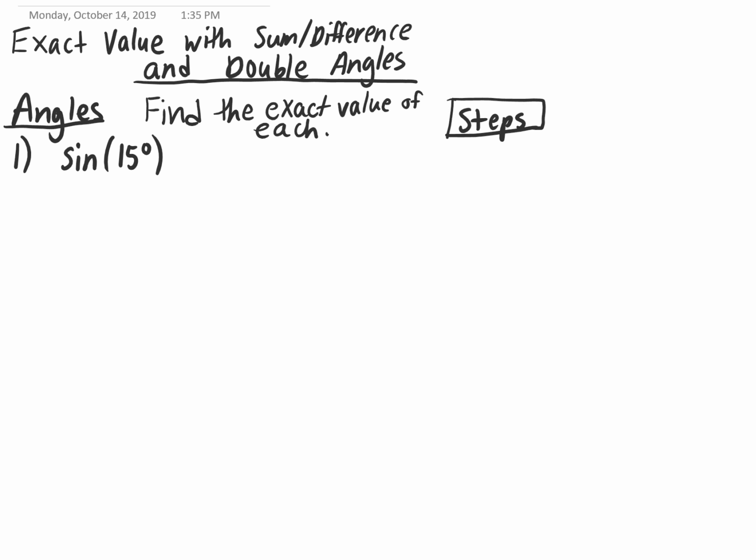So 15 degrees is not one of our three angles, our 30, 45, and 60, but we want to find two angles whose sum or difference give us that 15 degrees from our set.